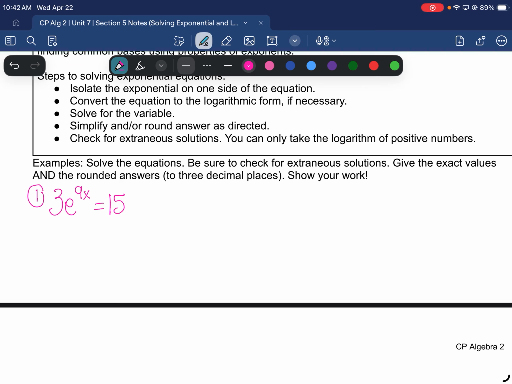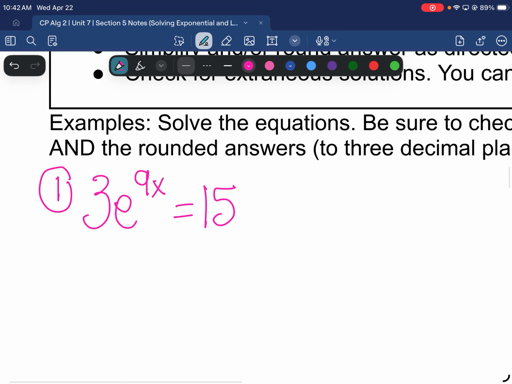Well, no. The directions say isolate the exponential on one side. So what is the exponential? The exponential is this. Oh, the whole thing? Just the e to the power. So that's not by itself. How do you get it by itself? Divide by 3 on both sides. That's a good place to start.